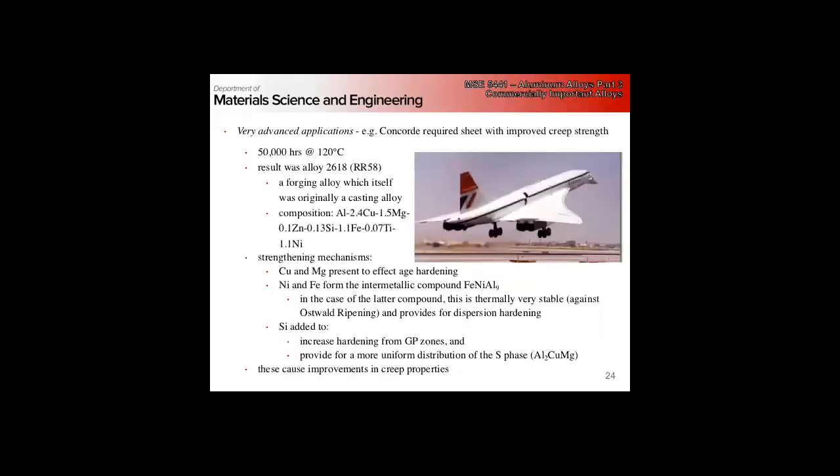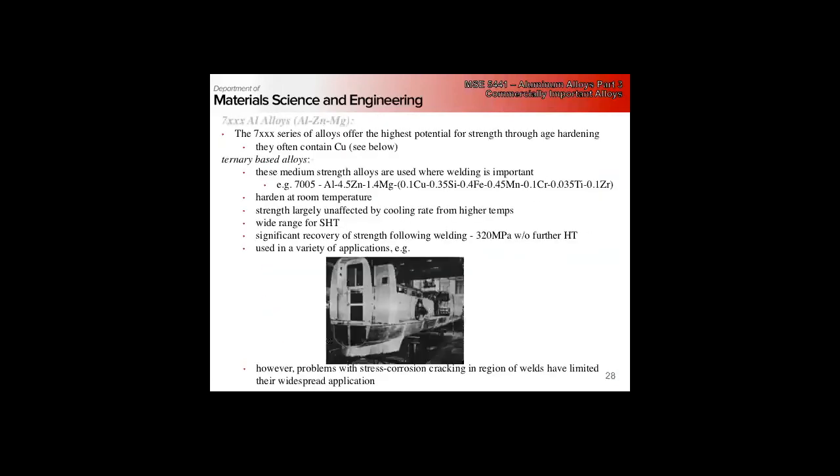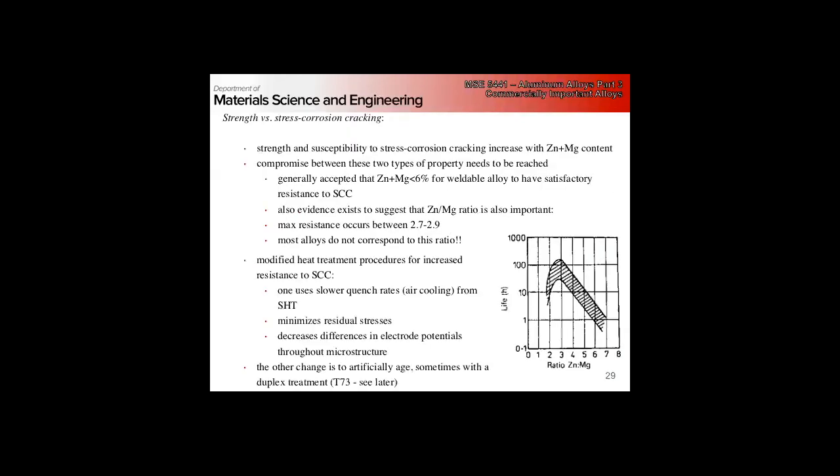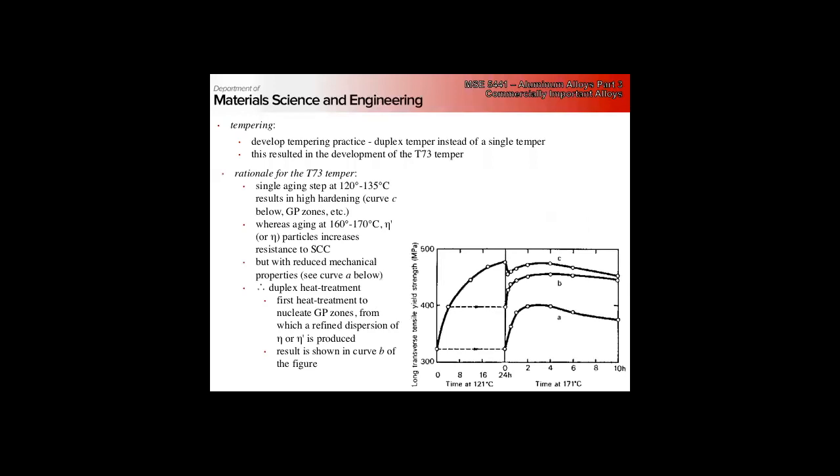Stress corrosion cracking is universally bad, and we have to do things to try and help that. 6,000 is good weldability and used for extrusions.